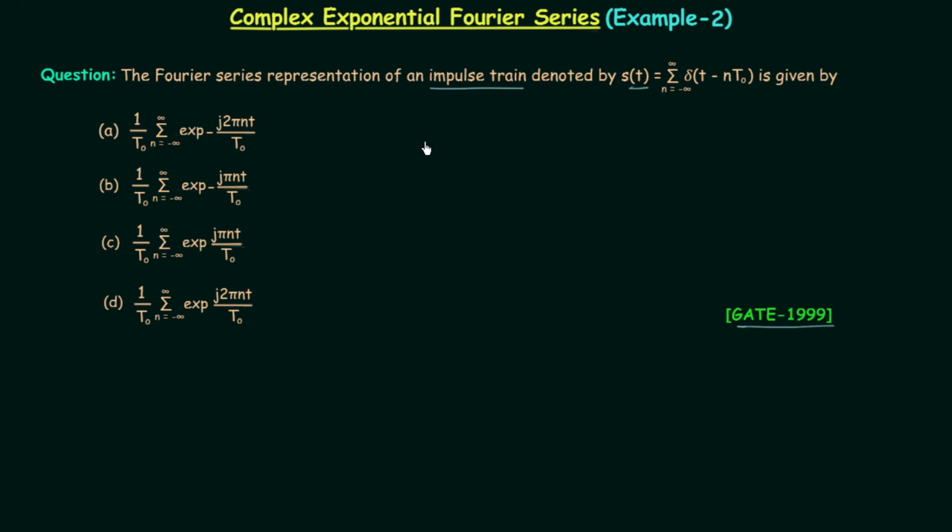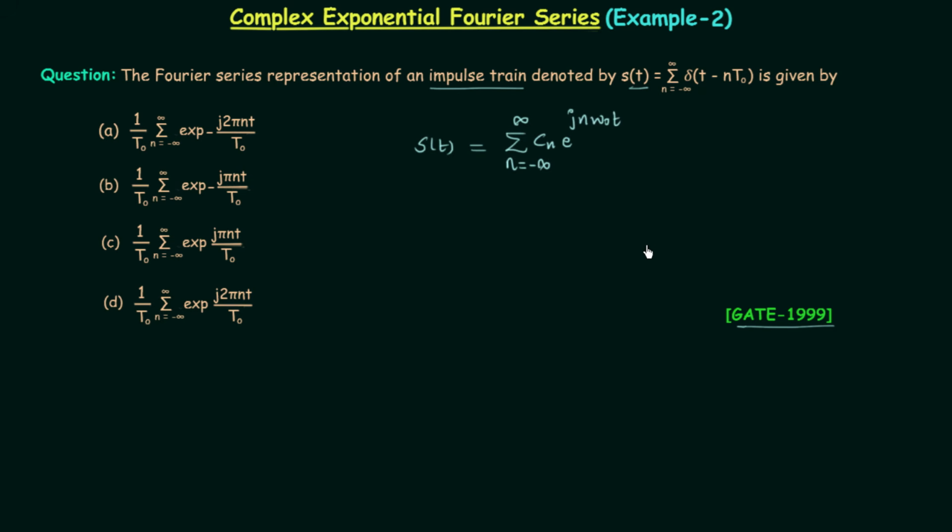So the given signal is s(t), and we are required to find its Fourier series representation, and we already know the complex exponential Fourier series is equal to summation n equal to minus infinity to infinity Cn e raised to the power j n omega naught t.